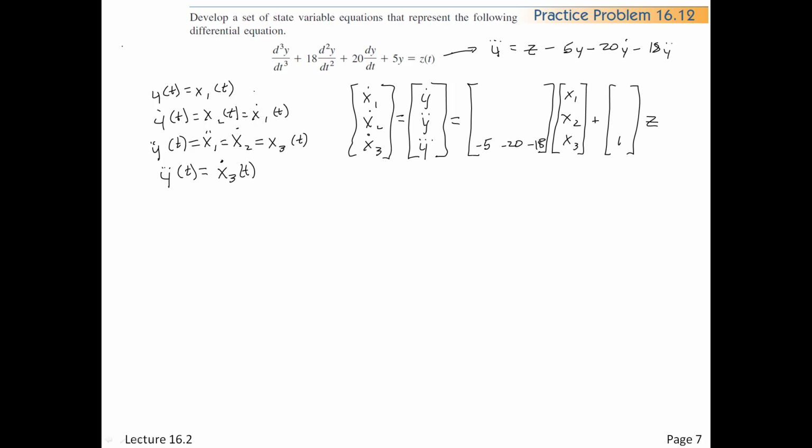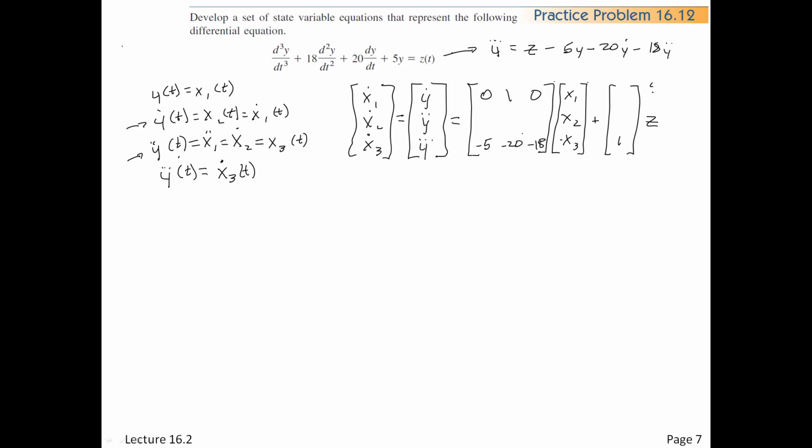Now let's fill in the other equations. Our y dot equation is right here, and our y double dot equation is right there. So y dot is equal to x2, that's all we've got to say, so that row is 0, 1, 0.